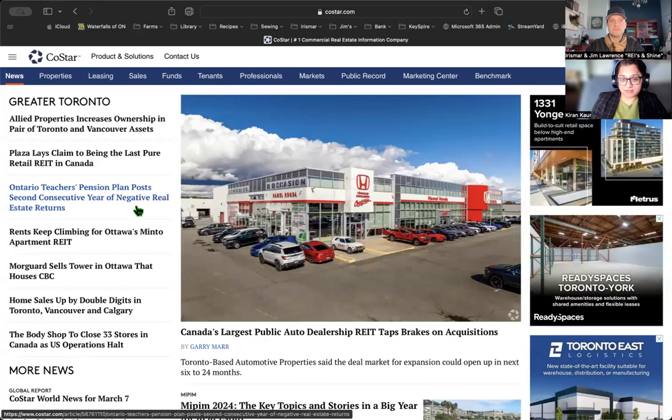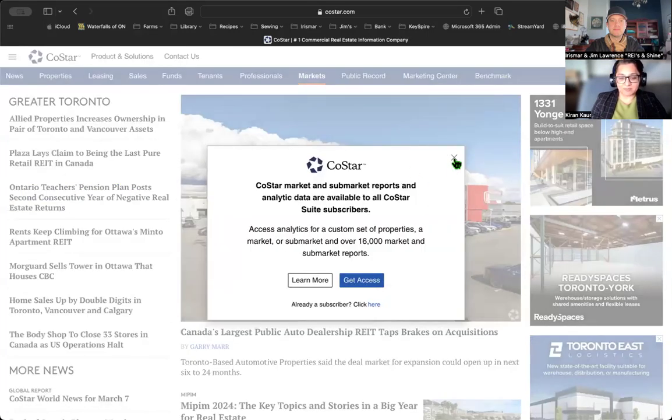There are a lot of things CoStar shares with you. You can see the news on the main CoStar page, and then when you go to the markets, you can see more about what's happening in that particular market.